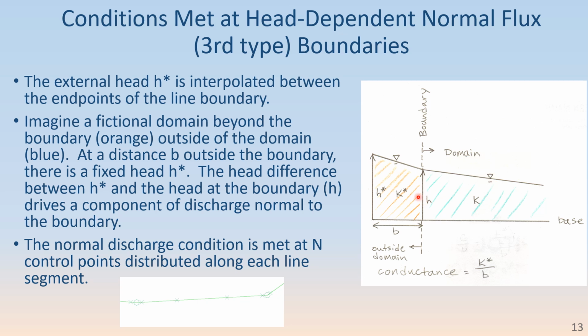And that flux is what goes through the model boundary right there. And the condition that I've just described is applied at the control points in your line segment. So for example, if you have n of 4, there would be 4 control points, these green X's here.